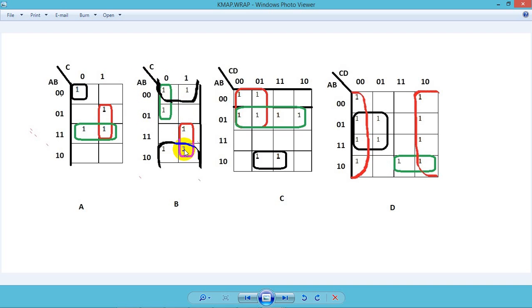Then let's consider the red group. You can see that from here AB we have 1 1, AB we have 1 0, and when we come to the C side we have C to be 1. Now moving from this side to this side, our A was 1, and it maintained the same value as 1.